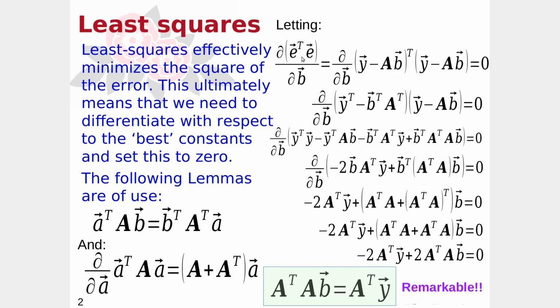So we need to start off with the error squared, or the transpose of the error vector multiplied by the error vector, which will give us the error squared. The error is the recorded value, or the measured value, minus the model, which is Ab in both cases, and of course we've transposed this one. When this is transposed, we can simply take the transpose inside the brackets, so this becomes the transpose of y.